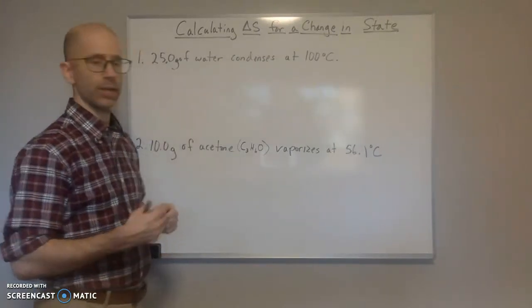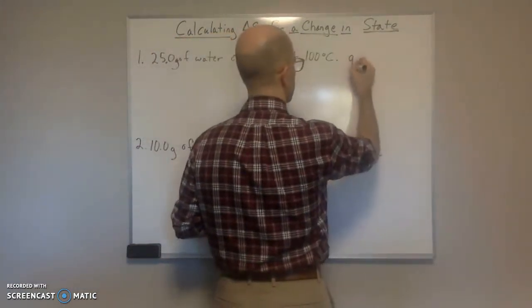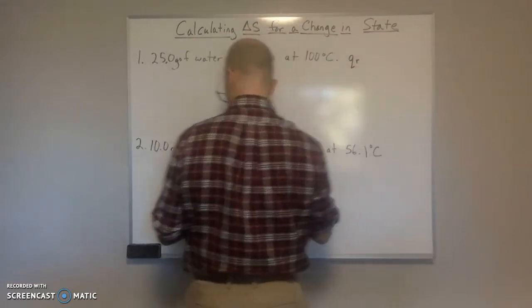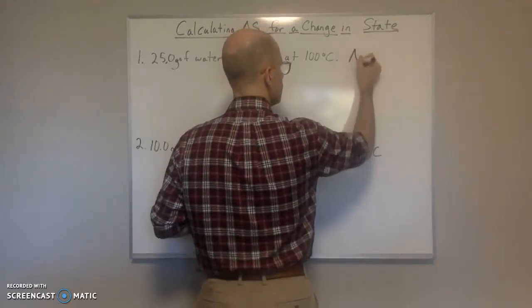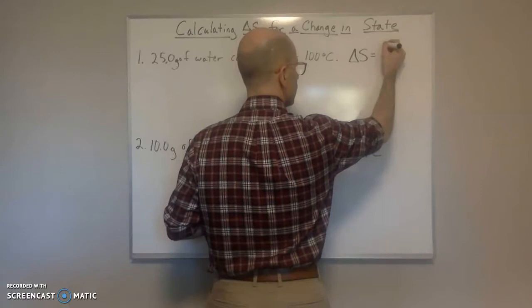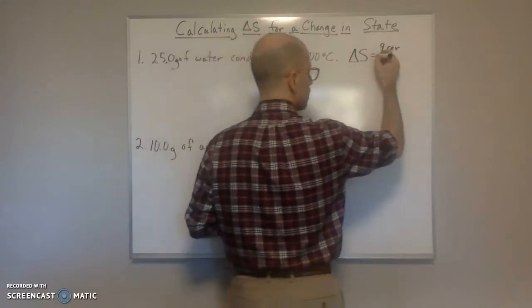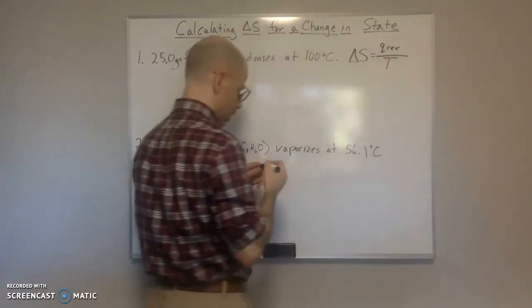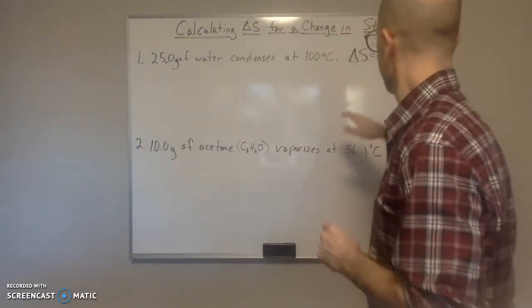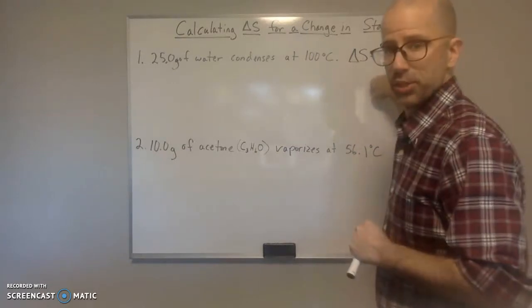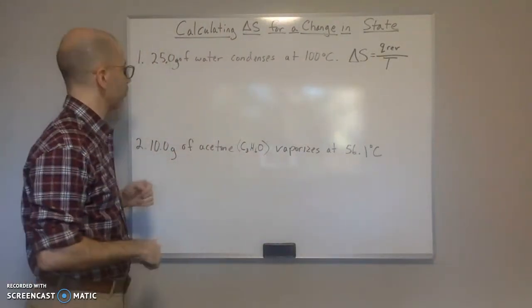One of the equations you can use is that delta S is equal to the heat of a reversible process over the temperature that the process is happening in. We need to make sure that temperature is in Kelvin as usual. And so let's go over an example.